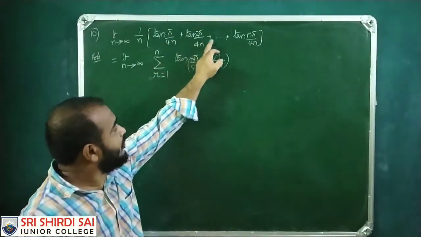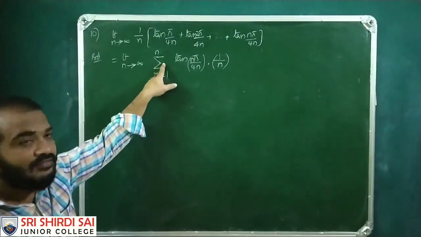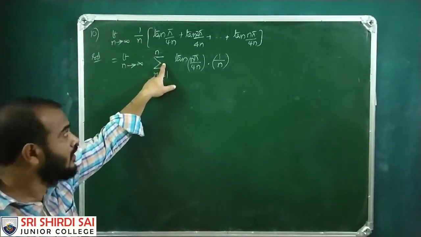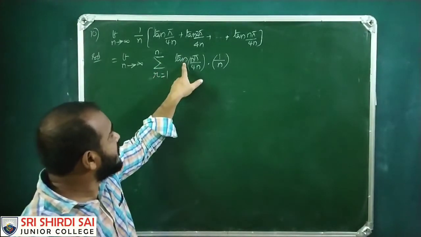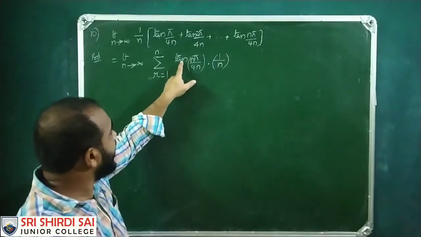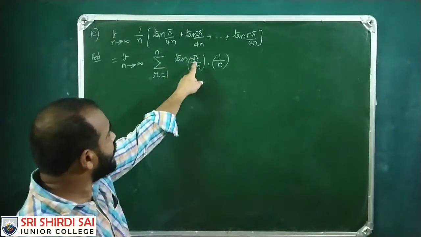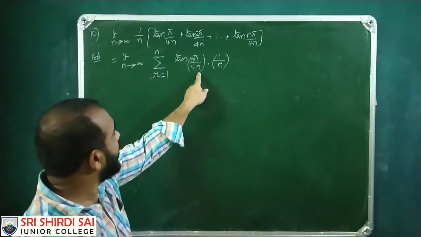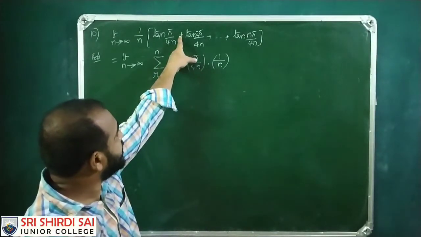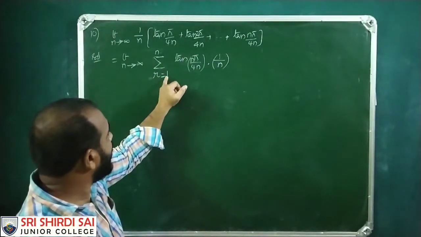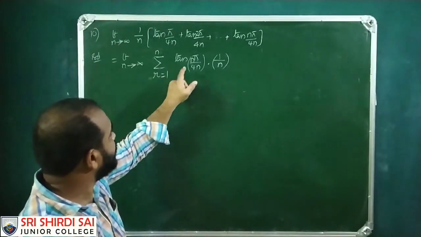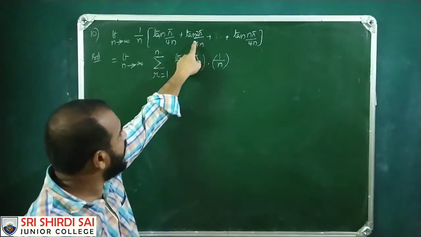Since this is a summation, therefore I have replaced it with the sigma. So the general term I have written to be tan r pi by 4n, where r runs from 1 to n. First r equals to 1 you substitute in that, pi by 4n. Sigma means plus. This time after r equals to 1, r equals to 2 you substitute tan 2 pi by 4n and you check it out.